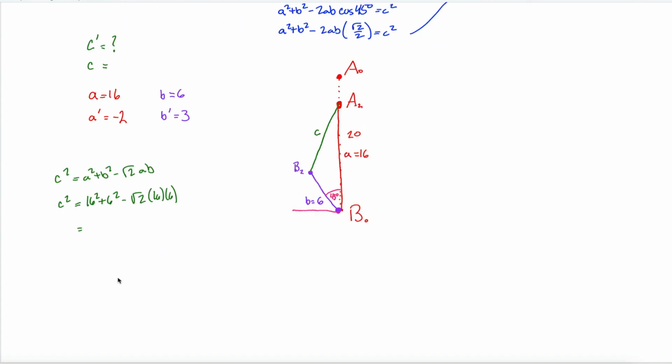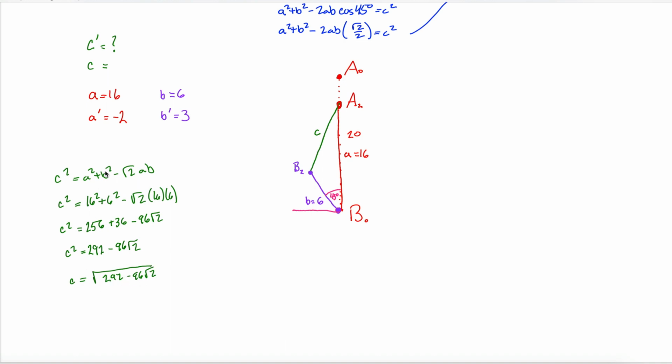I can already see these numbers are going to suck. 16 squared is 256, 6 squared is 36, and 16 times 6 is 96. So I get that C squared is equal to 256 plus 36, in other words 292, minus 96 times the square root of 2, whatever that ends up being. But I'm not interested in C squared, I want to know C, so C would be equal to the square root of that mess, 292 minus 96 root 2.